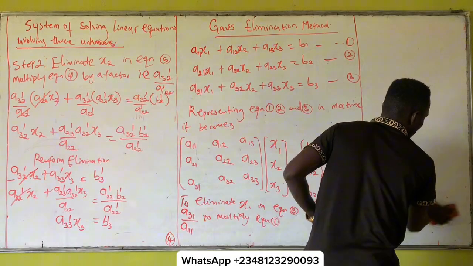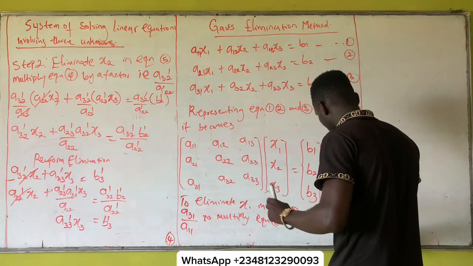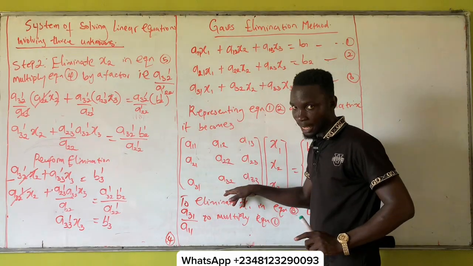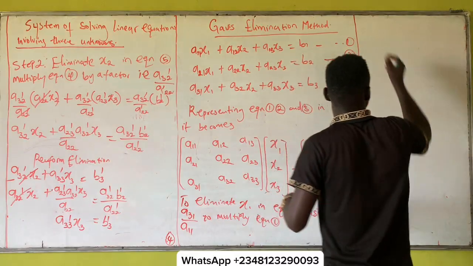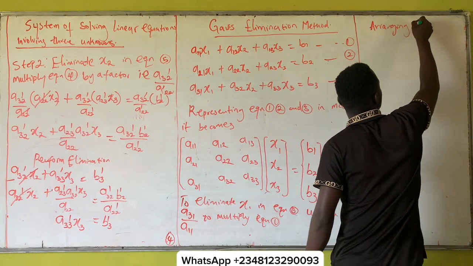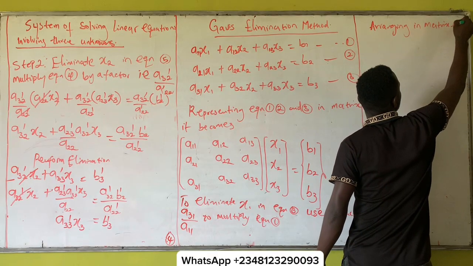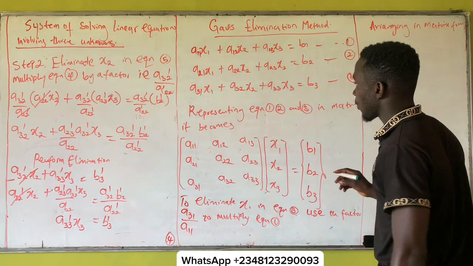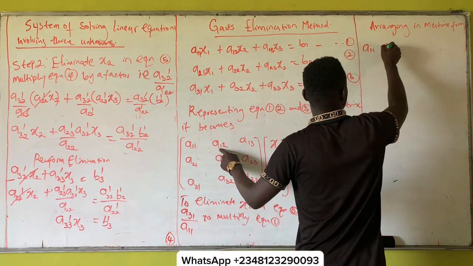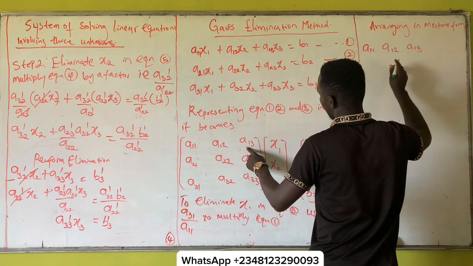So from there now, if we say we should form our matrix, let's see if we have succeeded in getting 0 here, here, and here. Let's check. For us to check, we said arranging the matrix form. Arranging the matrix form, we are going to have what? A11 from equation 1, A12, and what? A13.